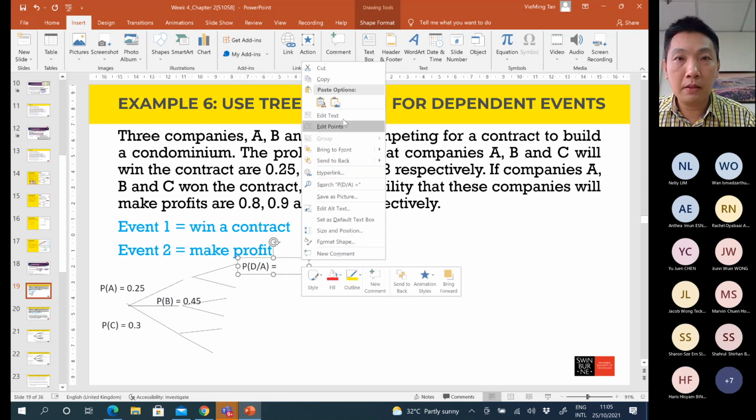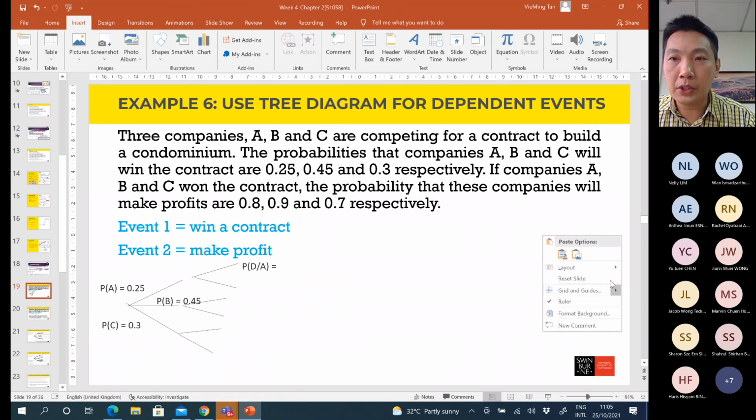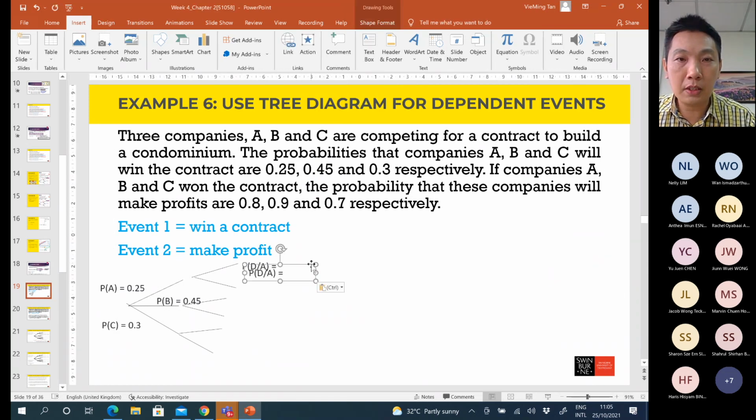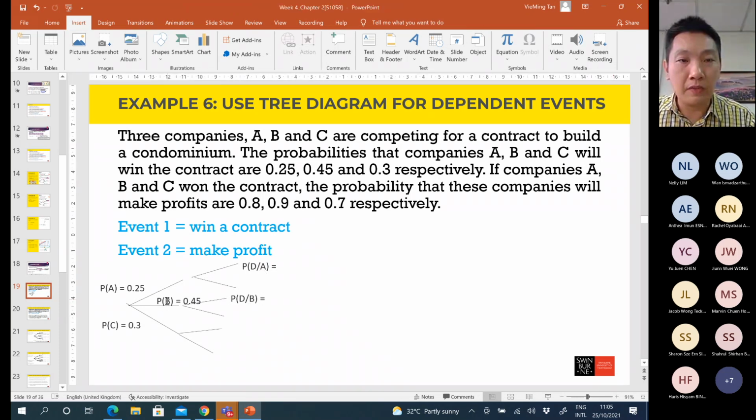Then how about the equation for this branch? This one is the probability that company B will make a profit. D means profit, if company B is able to win the contract, so we put B at the back. This B refers to the first event.